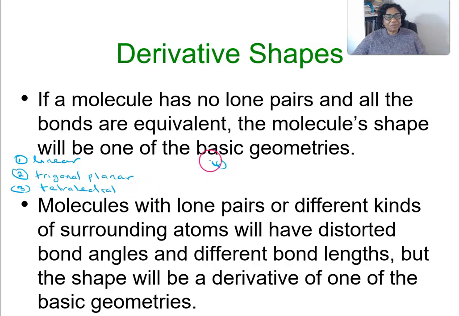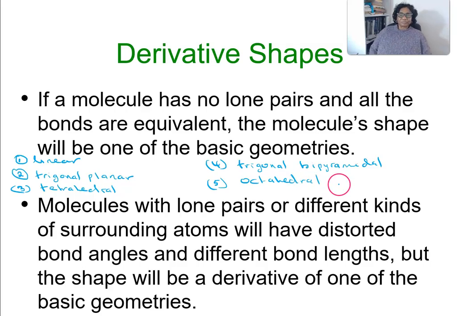Then trigonal bipyramidal, 5 electron pairs around the central atom. Then octahedral geometry. So these are the basic geometries, don't forget.